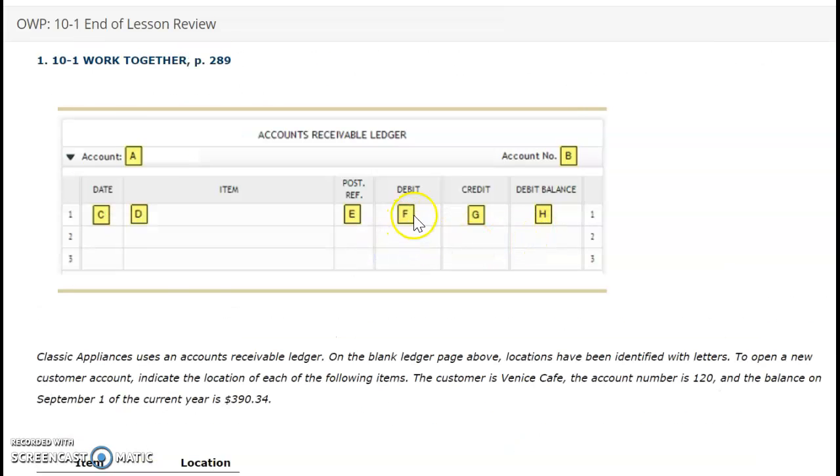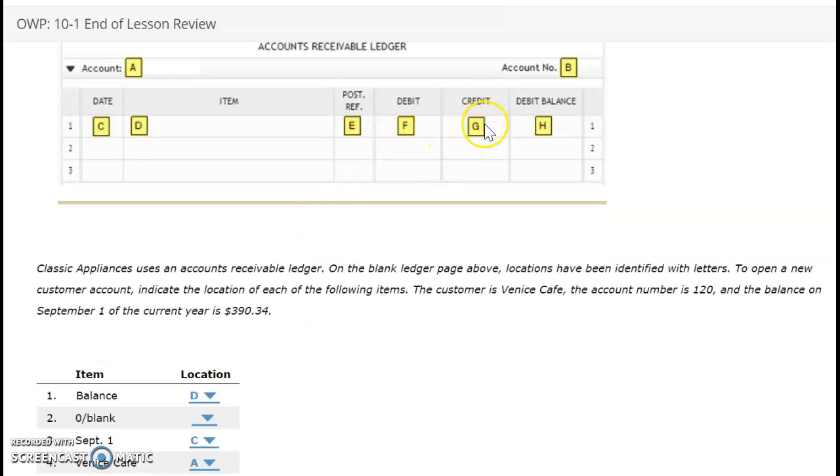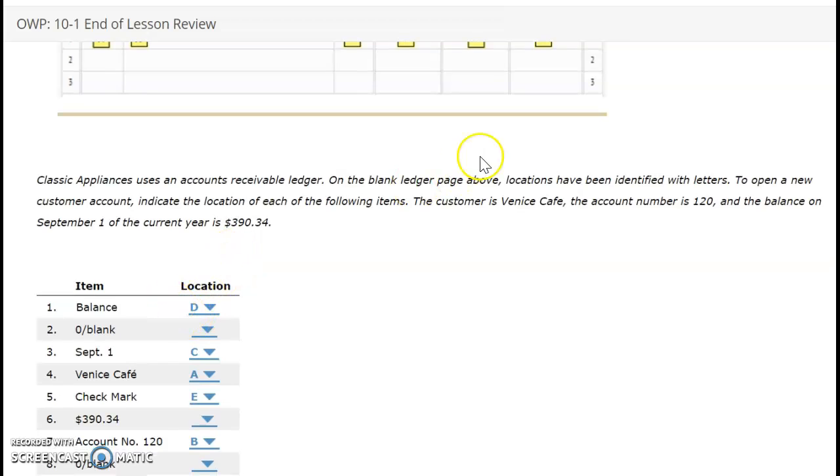Okay. F is the debit amount, and we should have a debit balance, but we are not going to have a debit amount here. And that's the same for G. We won't have a credit amount when we're bringing a balance. We'll just have that balance. So F and G are both the 0 blank.